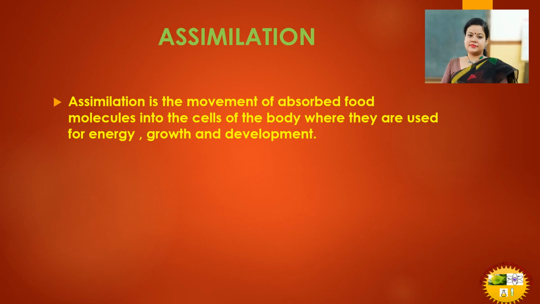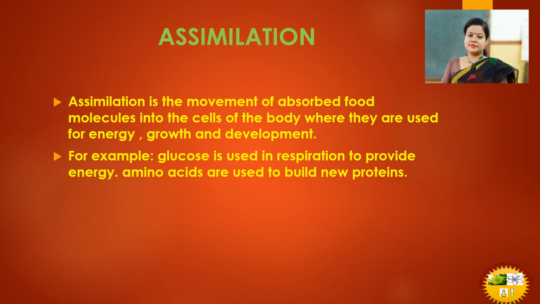Then it is digested into simple molecules like monosaccharide or glucose, amino acid, fatty acid and glycerol. Then they are absorbed by the blood and reach different parts. Then these food materials are assimilated. That means we are using the food material for the production of energy, growth and development. That is known as assimilation.